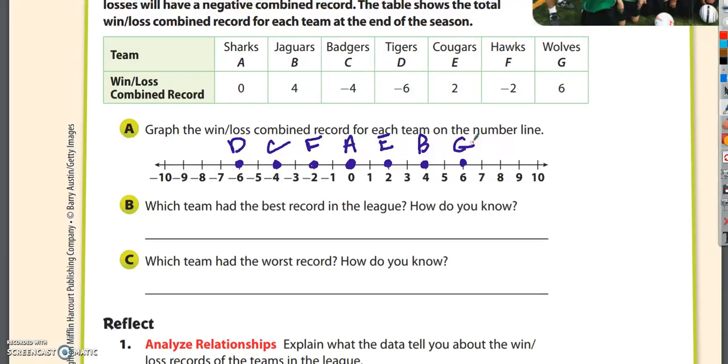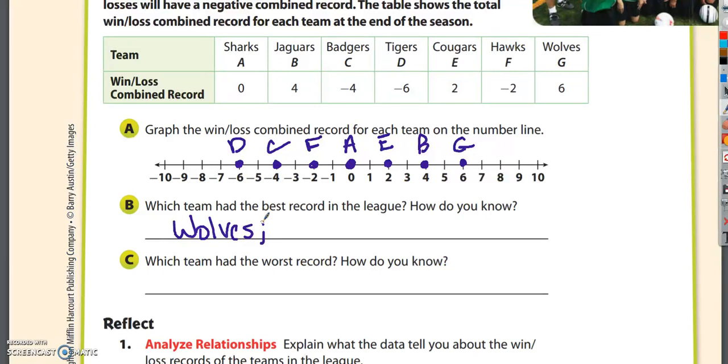Question B reads, which team had the best record in the league, and how do you know? Well, the directions said that the teams that had more wins than losses were a positive number, so our winning teams are all the ones to the right of 0, and the team that is farthest to the right of 0 is Team G, it's the Wolves. And it says, how do you know?